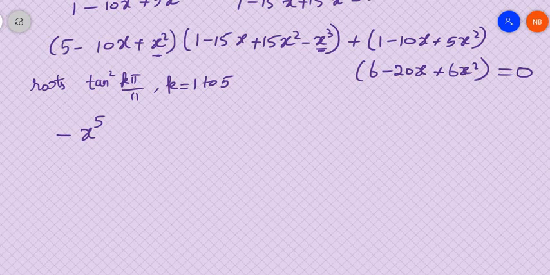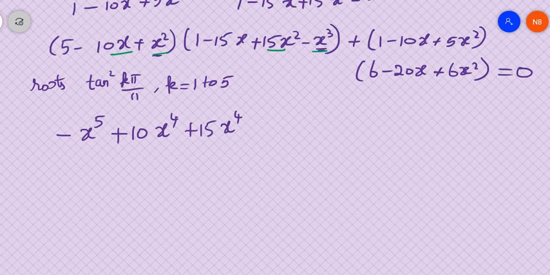Let us see all the terms which give us x power 4. Now minus 10x and minus x cube gives us plus 10x power 4, and x square with 15x square gives us plus 15x power 4.